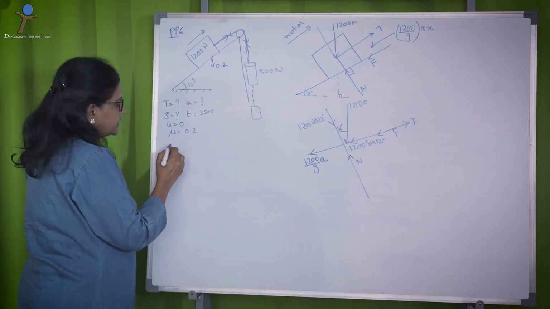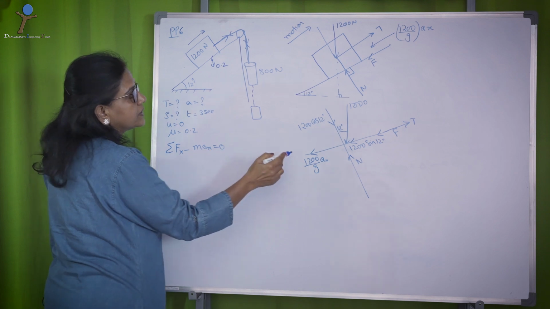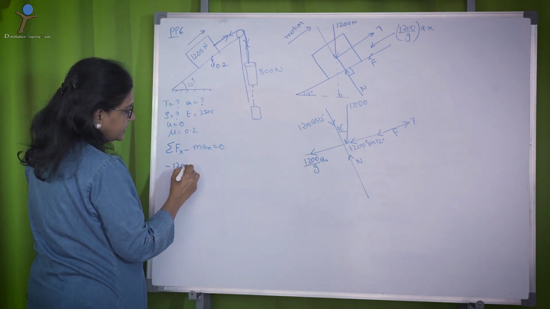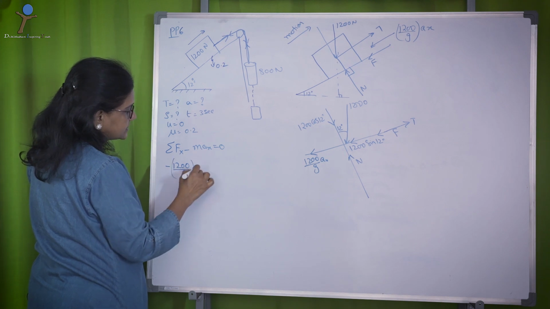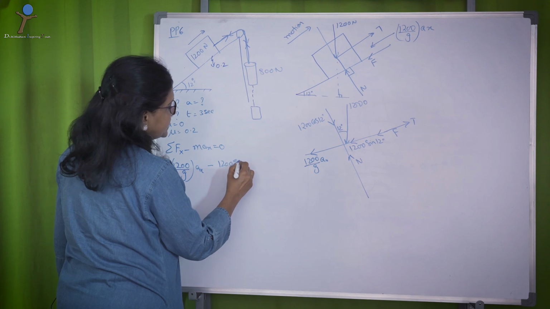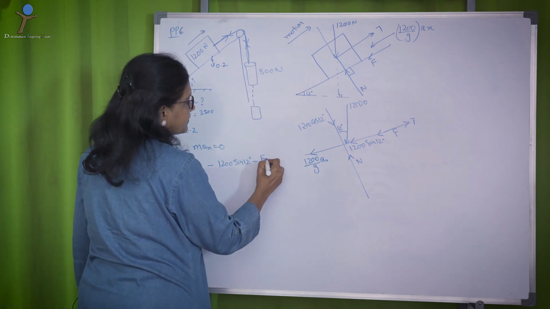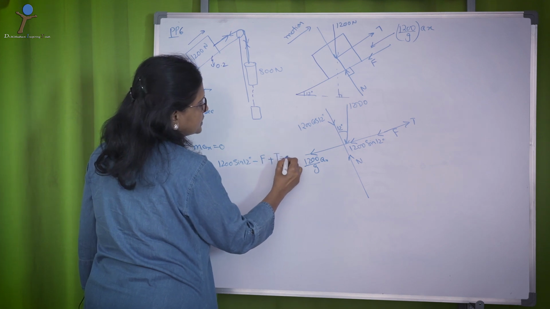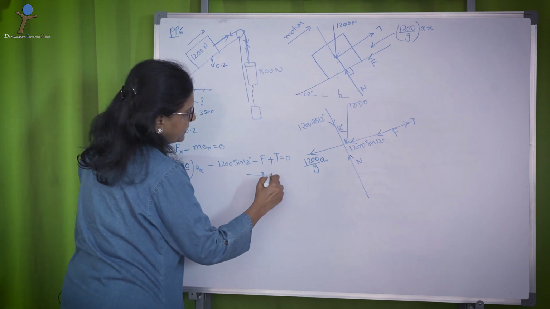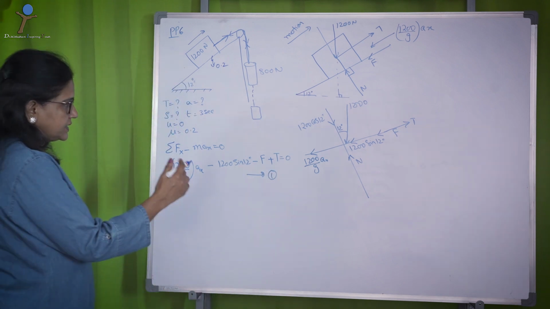So, writing down the D'Alembert's principle, sigma Fx minus max equal to 0. What is the net force? This minus 1200 by g into Ax minus 1200 sin 12 degrees minus F plus T equal to 0. This is equation number 1. Then, what is F?